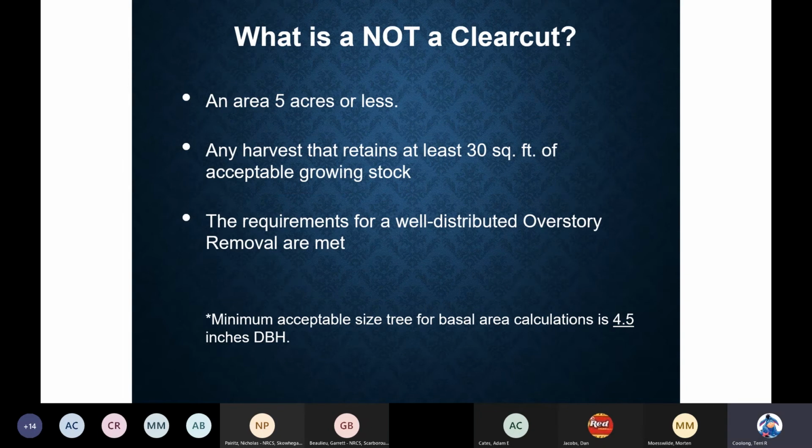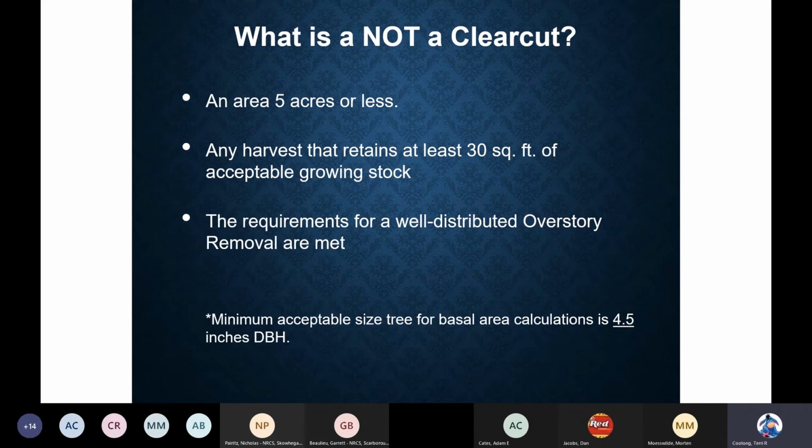Sometimes it's easier to explain by saying what is not a clear cut than what actually is a clear cut. So if you cut 5 acres or less, you can whack it right down to nothing. That's still not considered a clear cut. That is what we consider to be a patch cut.